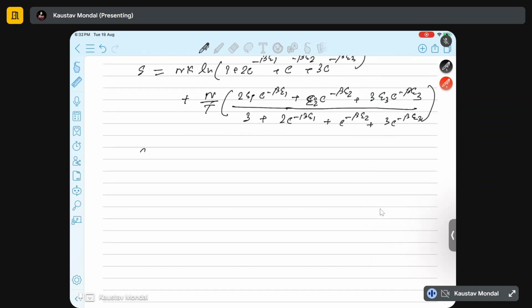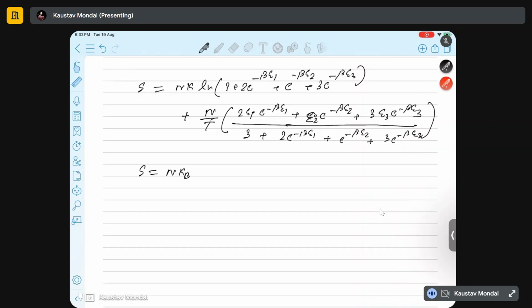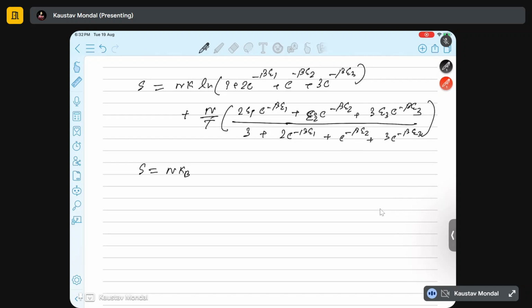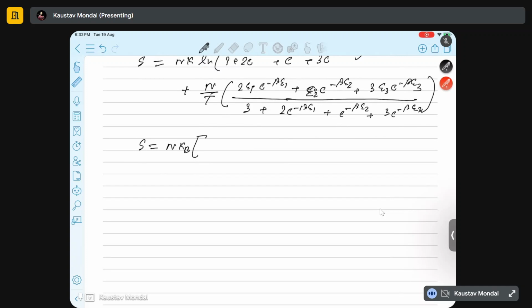You can write it in a more simplified way. You can take kB as common because beta is 1 by kB. Then you can write this whole thing in terms of beta, you can basically substitute the temperature terms as beta.